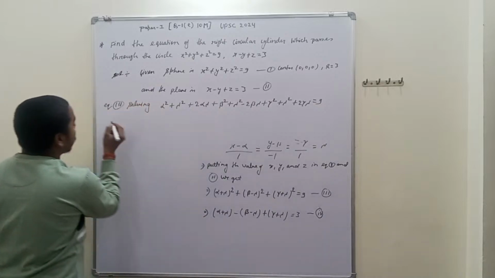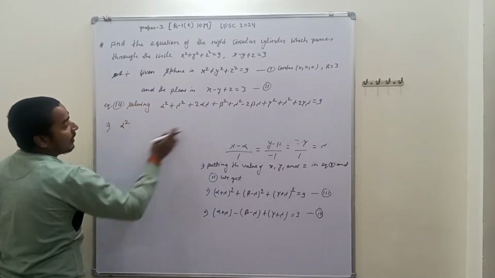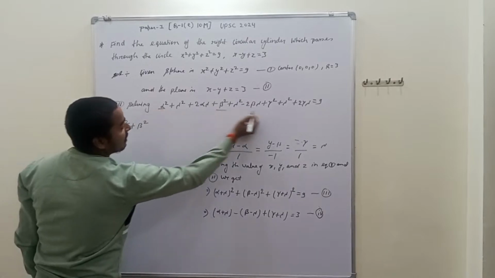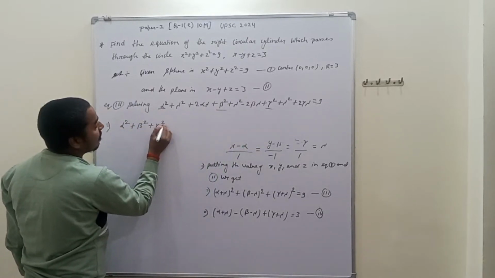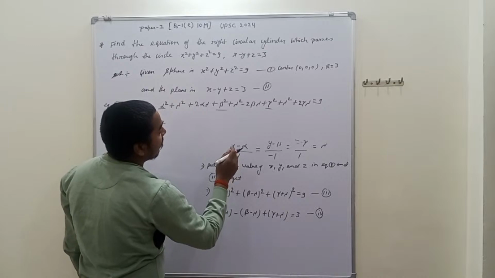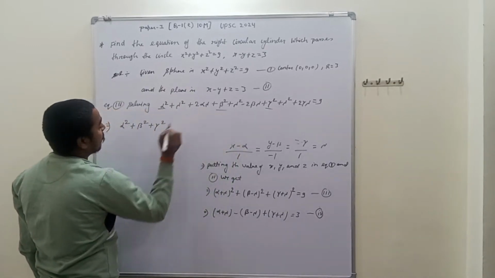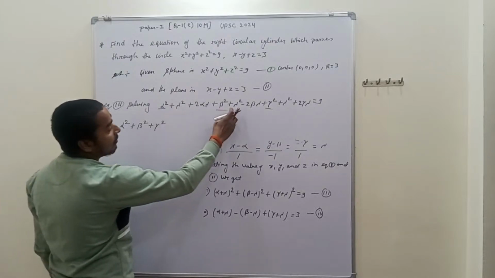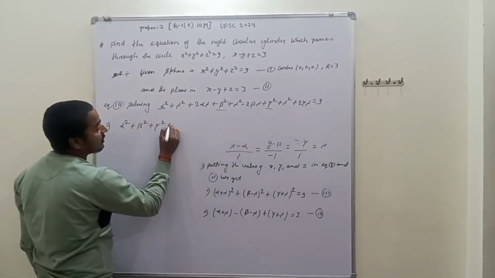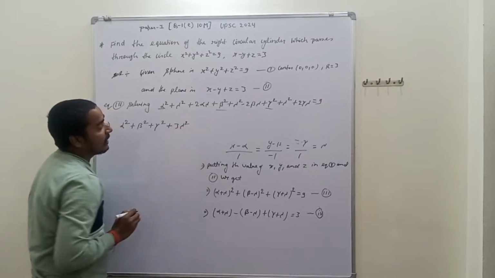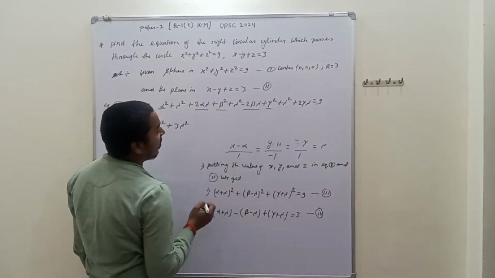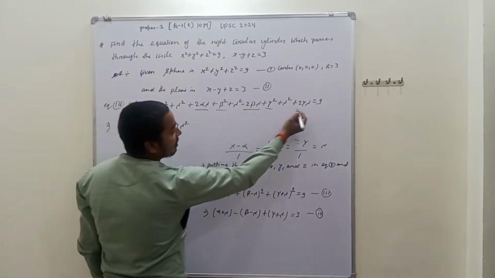From here we can write alpha square plus beta square plus gamma square, and lambda square three times, that is plus 3 lambda square, plus 2 alpha lambda minus 2 beta lambda plus 2 gamma lambda.